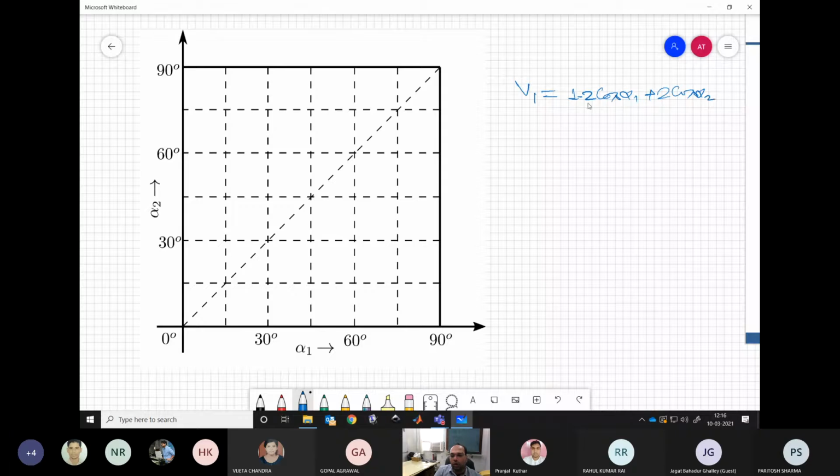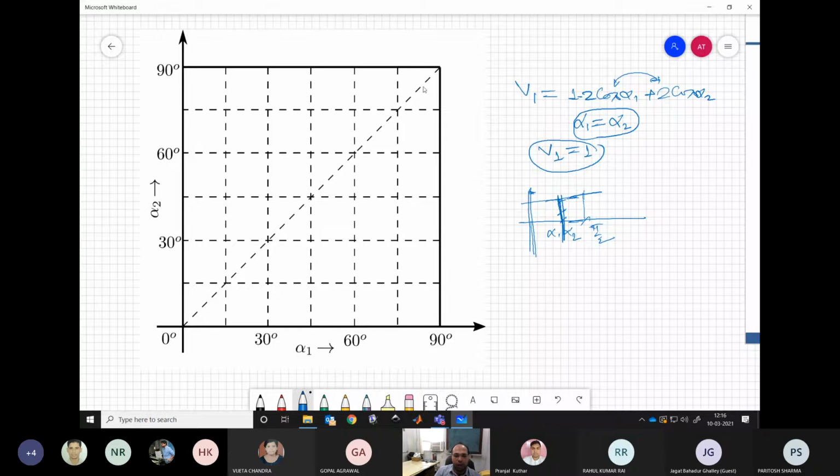So obviously, if we somehow maintain alpha 1 equal to alpha 2, then V1 is always going to be 1. These two terms cancel out, which means we are switching alpha 1 and alpha 2 together. So we have a very fine notch, equivalent to nothing, almost zero width, at that point. So alpha 1, alpha 2 both are coinciding.